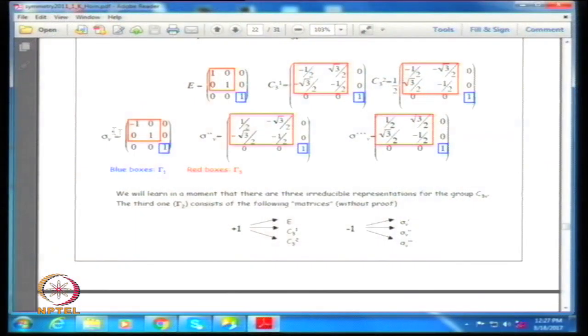So sigma v prime, sigma v double prime and sigma v triple prime will all be in the same conjugacy class. In fact, we can see that: the trace is 0, the trace is 0, the trace is 0. So all three are essentially the same kind of transformation, they are flips.